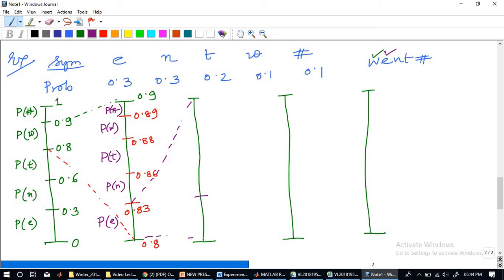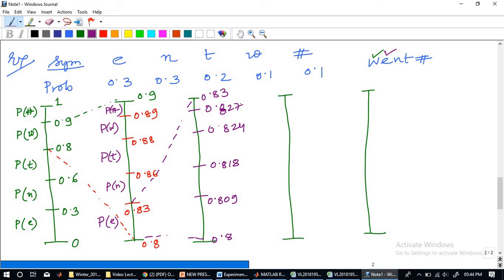Upper will be 0.83. Lower is 0.8. Then after that 0.809, 0.818, 0.818, correct? 0.824, 0.827. 0.827, correct? So you are following the same track, correct?